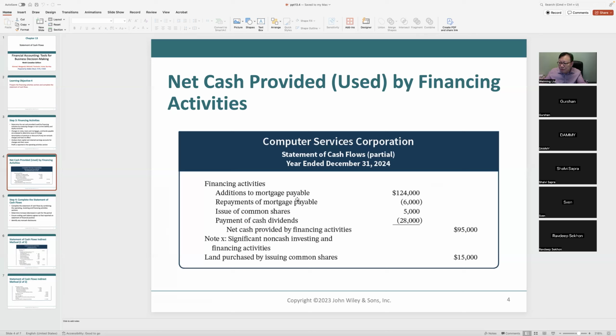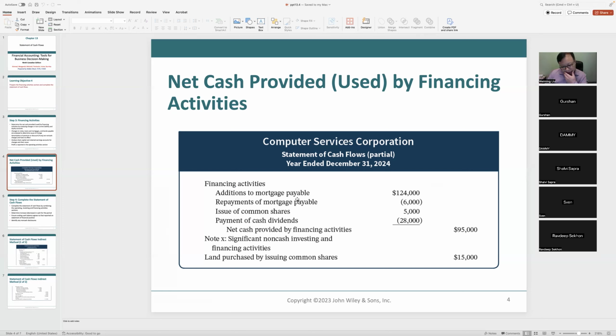So you have more liability, you have more debt, you borrowed money, right? So your cash should increase, right? So you borrowed $124,000, your cash increased, right? Your liability increased, your mortgage payable increased, right?